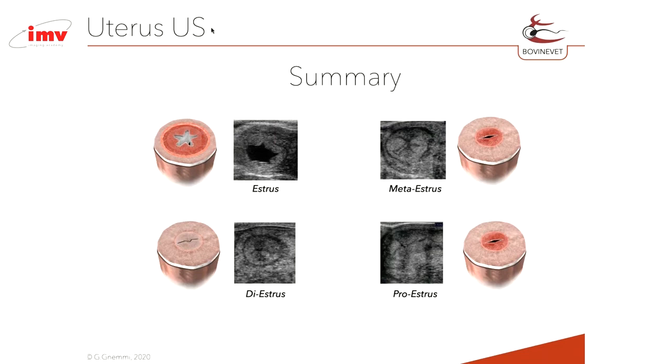During the luteal phase, metestrus and diestrus, the estrogen level decreases and the progesterone level increases. This means that the myometrium stops being contracted, its thickness increases, and it becomes less echogenic, so it reflects the ultrasound less and in part absorbs ultrasound, so it becomes more gray.